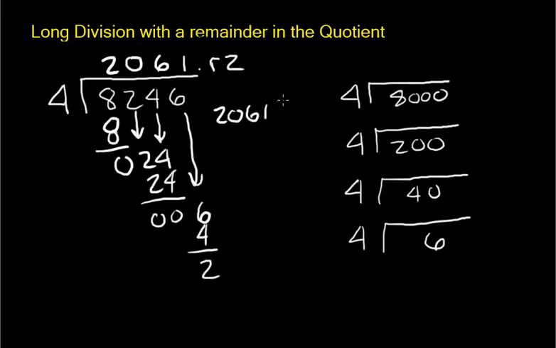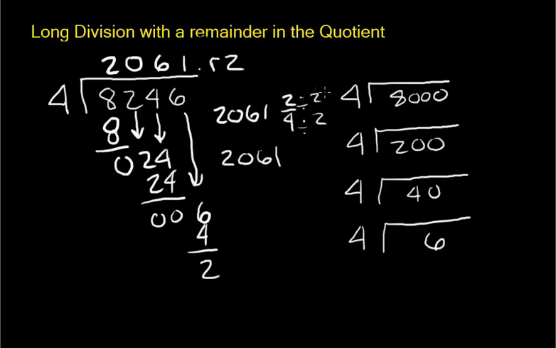We could also say that's 2,061 and 2/4. Well, from right here, you can see that this is really a half, right? So we could even reduce that right there. So 2,061, and there's a common factor that we can divide out of here, right? And that's 2.